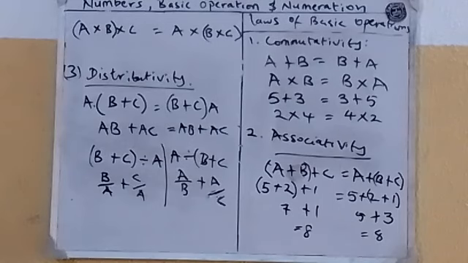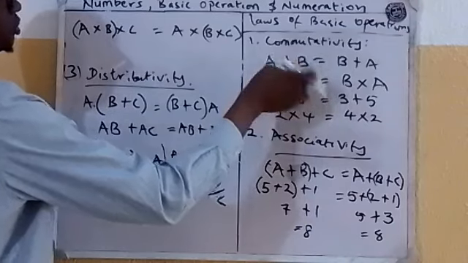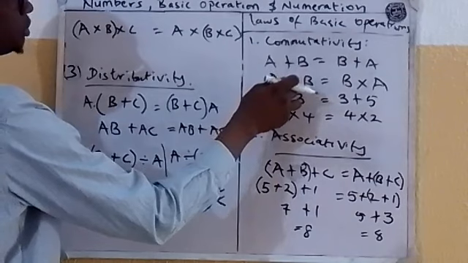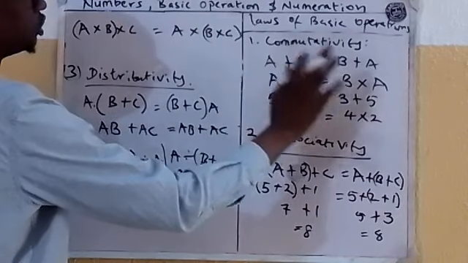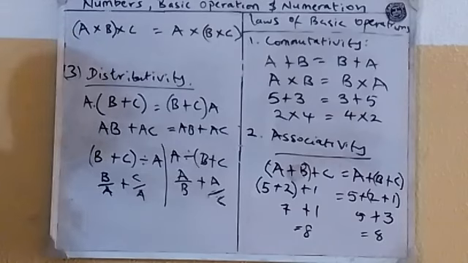So let's go over all the basic laws of operation. We talk about commutativity, saying that if you change the position of the terms over the operation plus and multiplication, it doesn't change anything. So addition and multiplication is commutative, but subtraction and division is not commutative.